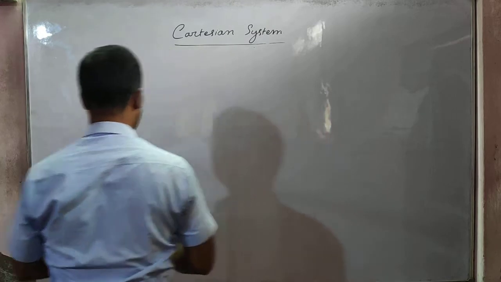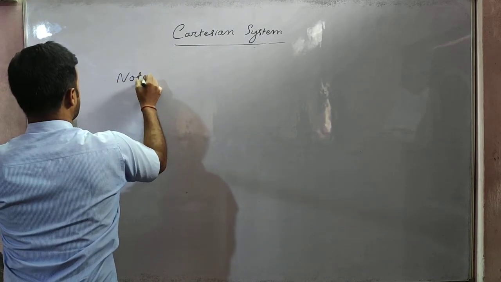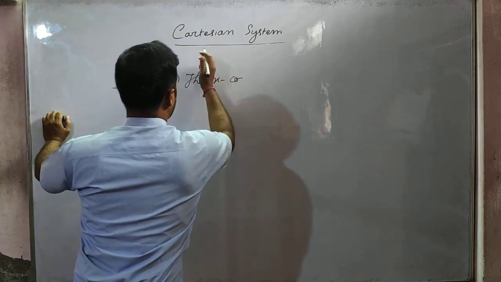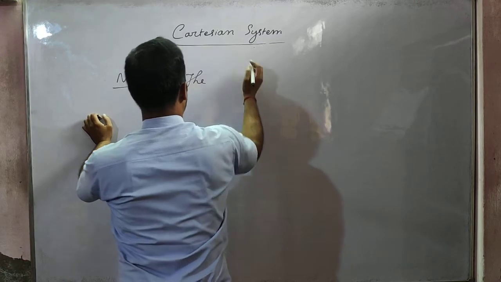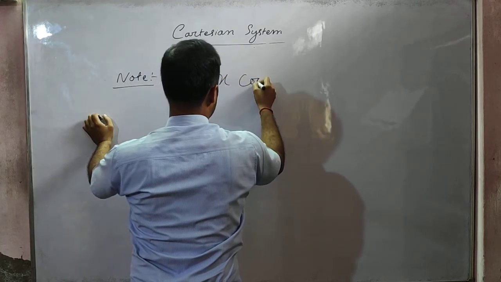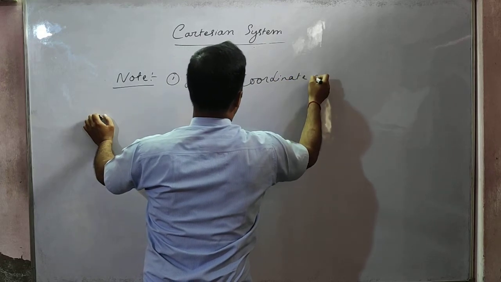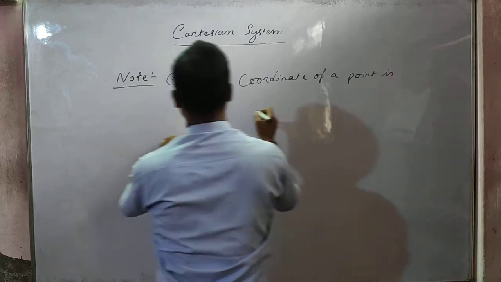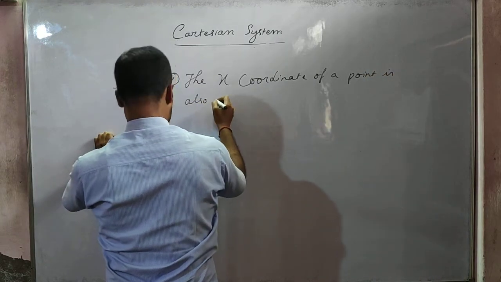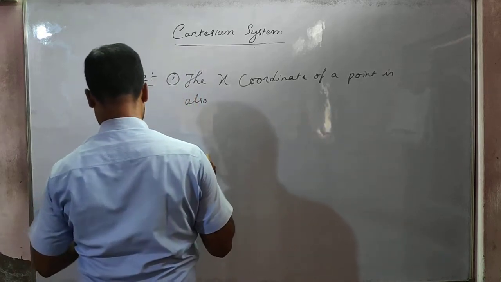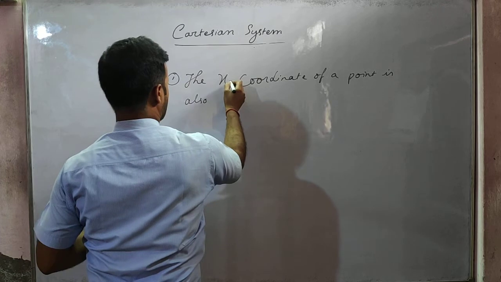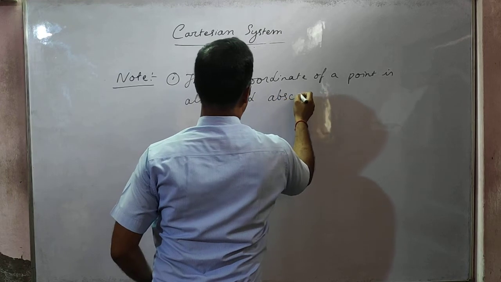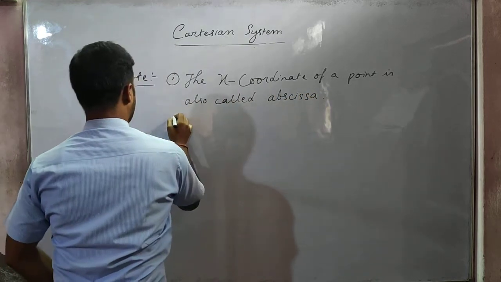Write it as a note: the x coordinate of a point is also called abscissa.